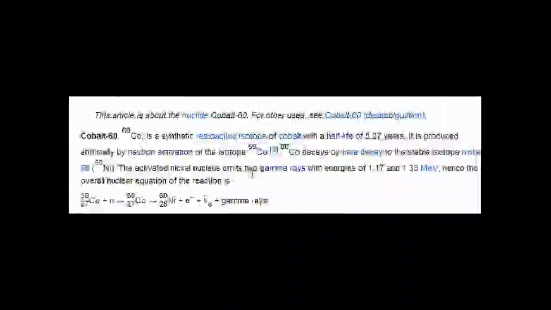Of the isotope 59, cobalt decays by beta decay, possibly. We might have beta or alpha or both, to stable isotope of nickel-60. Well, nickel is the one that Andrea Rossi was playing with, so that might be part of his puzzle, as we have heat associated with that. He's using only the heat exchange.